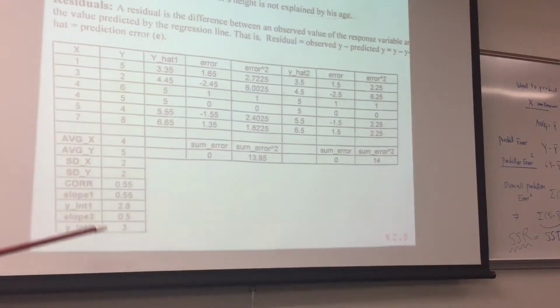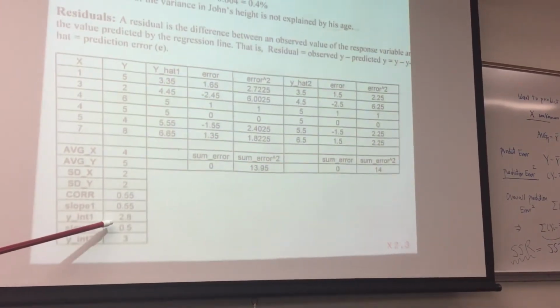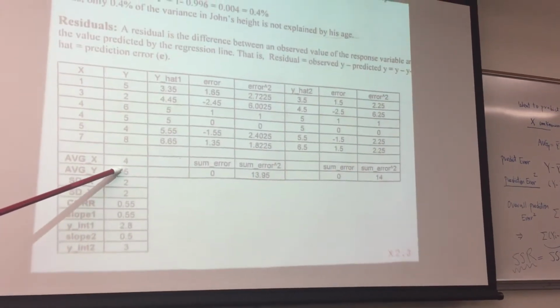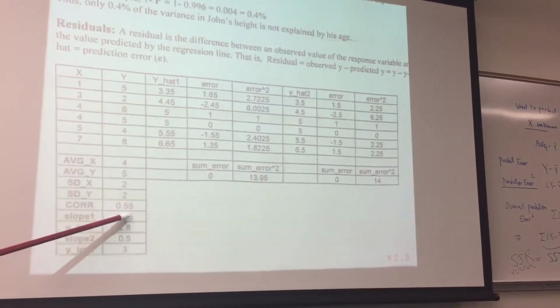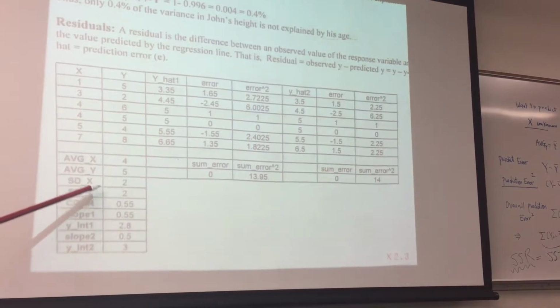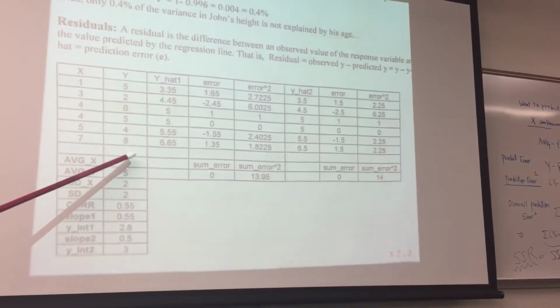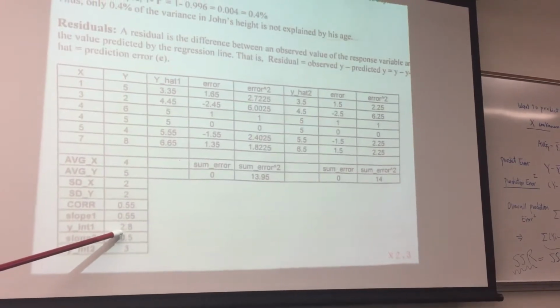okay? And Y-intercept, you use the formula, Y bar minus b X bar. Y bar, average Y, is 5, minus b, which is 0.55, okay? Times X bar, which is what? 4. Average X is 4, okay? What do you get? You get 2.8.